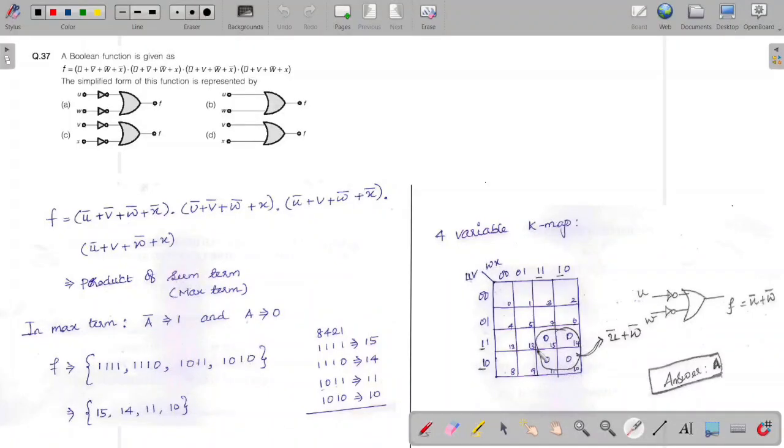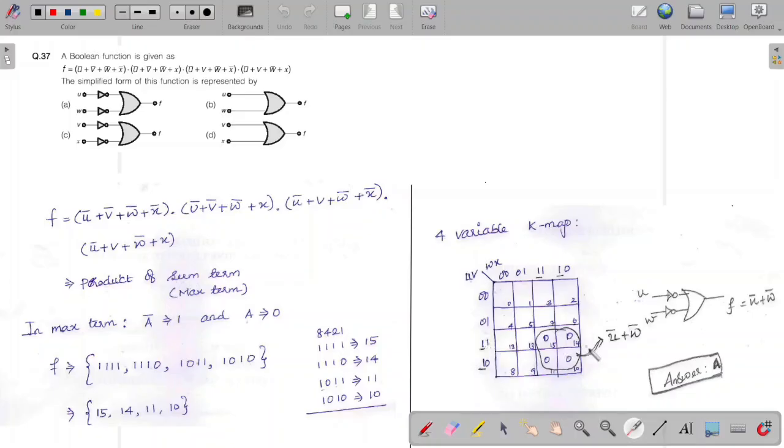Then we have to map these 4 zeros, so we can form a quad. In this Karnaugh map, 11 as well as 10 relate to the u v variables. Here only the u variable is common, so we will take it as u.